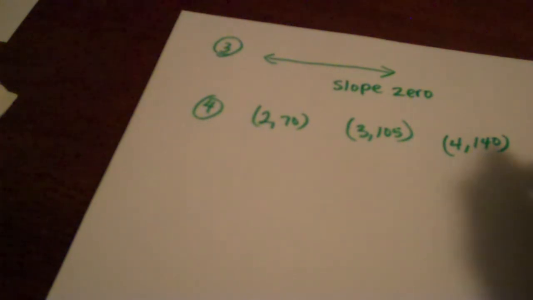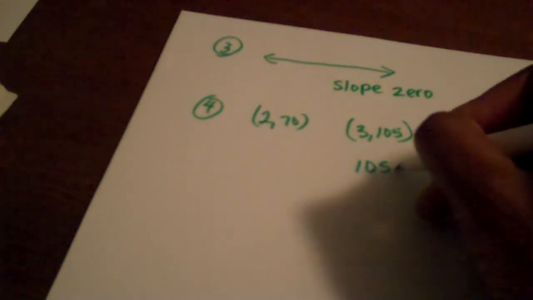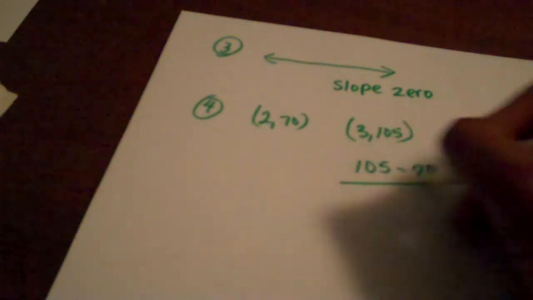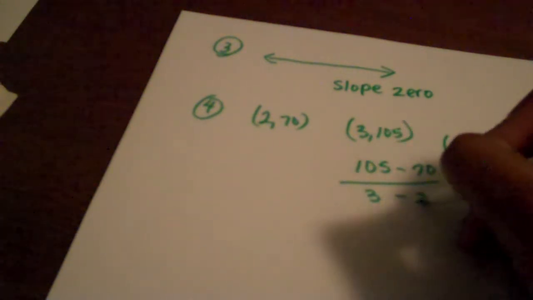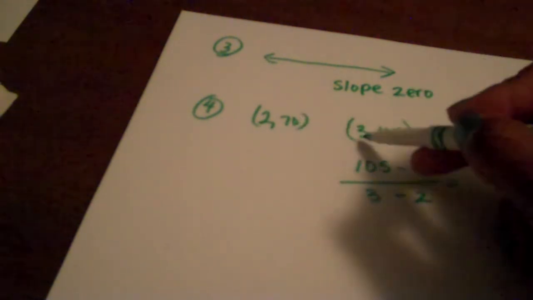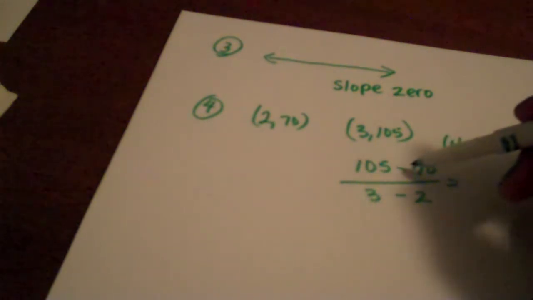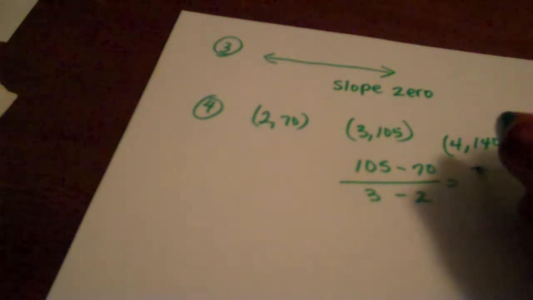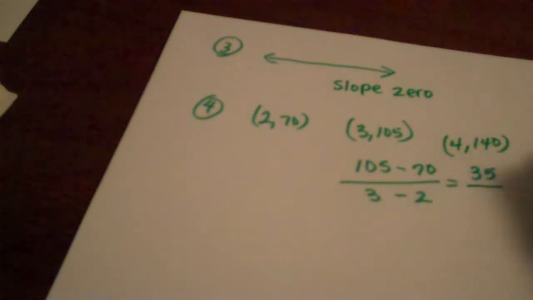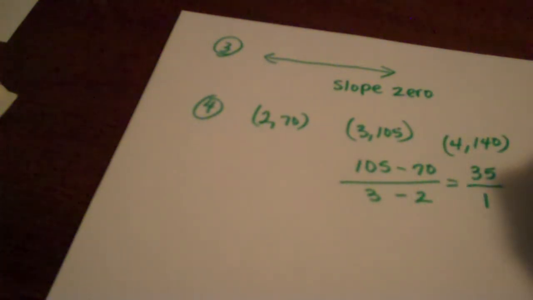Your rise over run, which is the same as your slope. So you have 105 minus 70 over 3 minus 2. That's my change in y over my change in x. 105 minus 70 is 35. 3 minus 2 is 1. Therefore, that gives me a slope of 35.